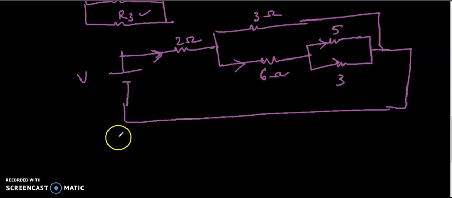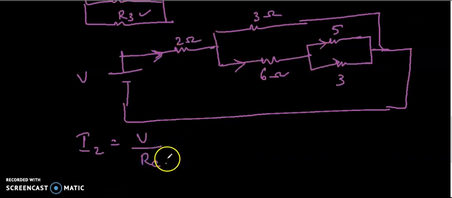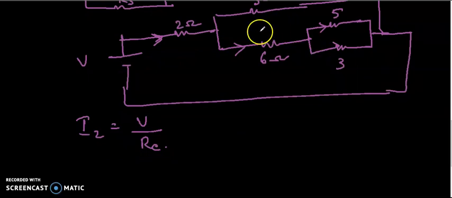That is, we can find the current through 2 ohm as total voltage by R effective of the total circuit. And now we have to find the current through the 5 ohm resistor. For that we have to find the current through this branch. That is, this branch means we have found I2. Then we have to find I of 6 plus 5 parallel 3.